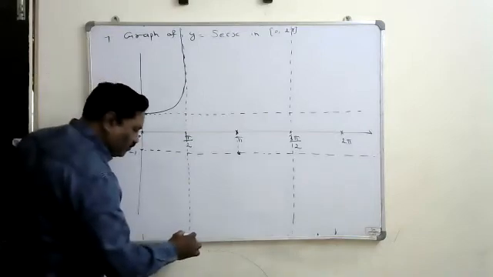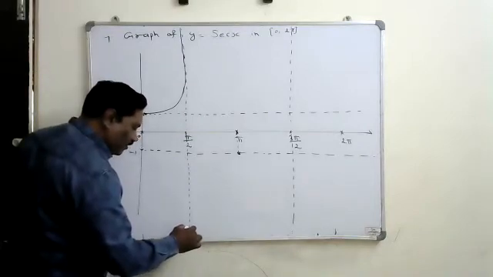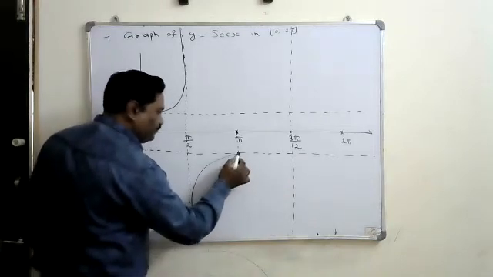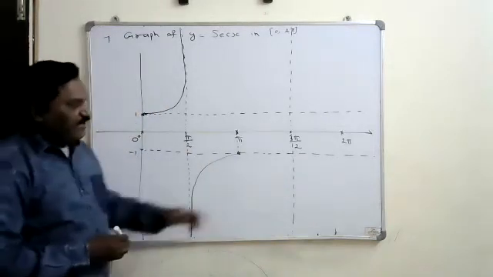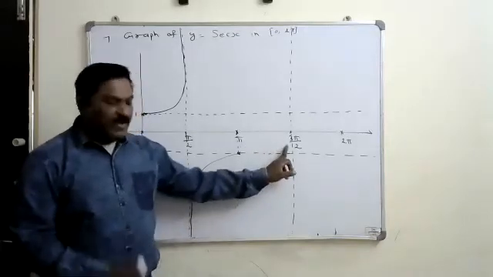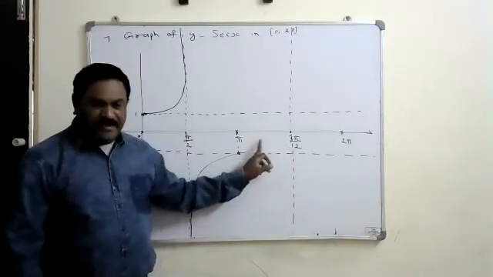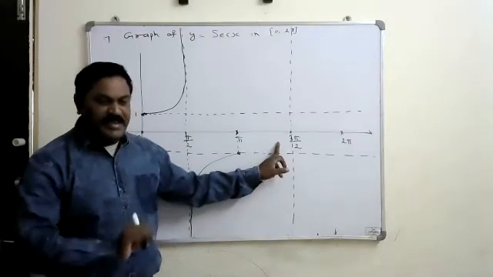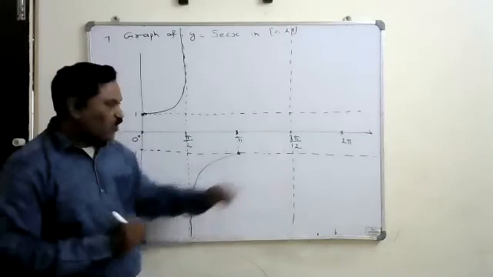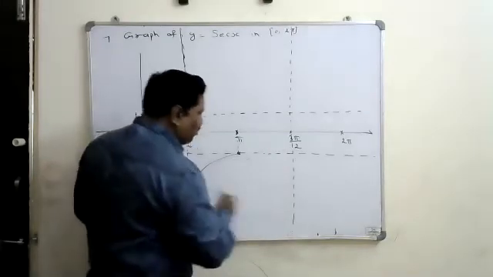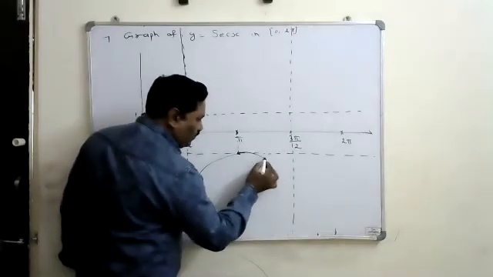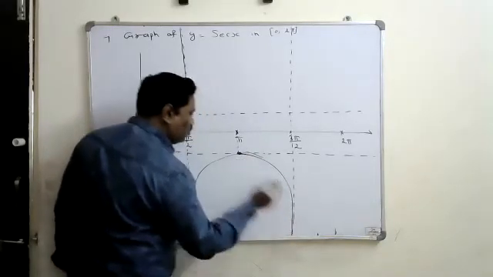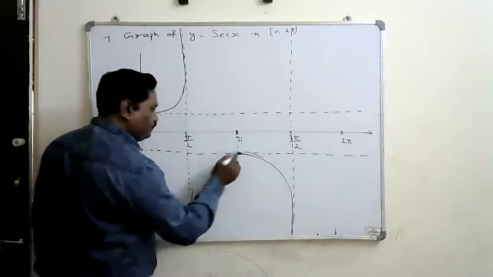Means it comes from the negative infinity and reaches the minus 1. Okay, and again pi to 3 pi by 2, these are the angles of the third quadrant. In the third quadrant also secant is negative. That's why from there again it goes to the negative infinity side.